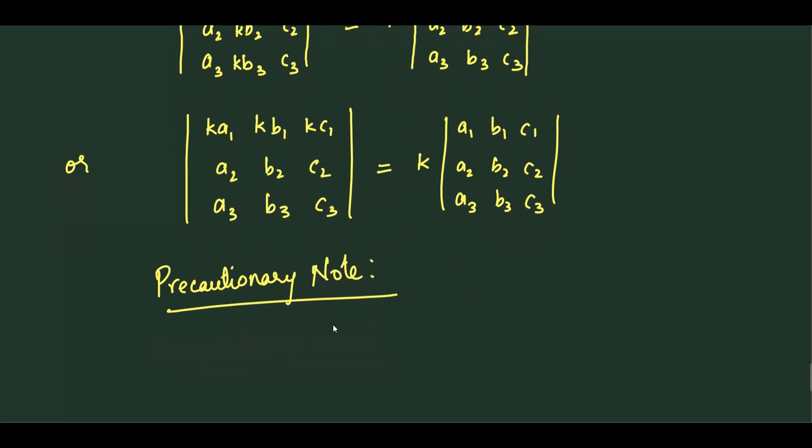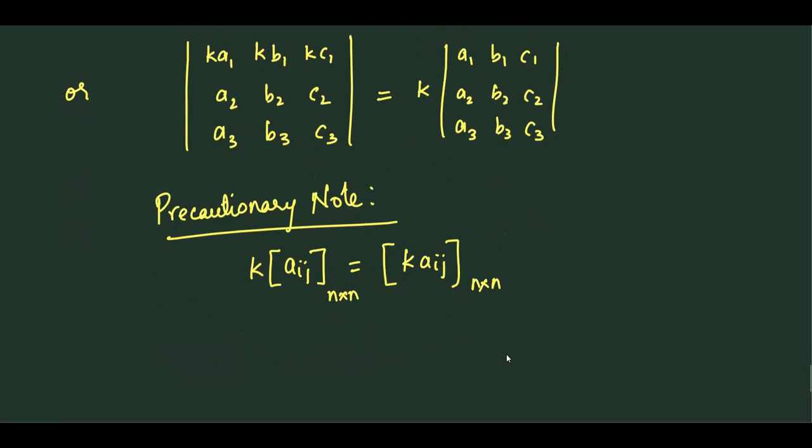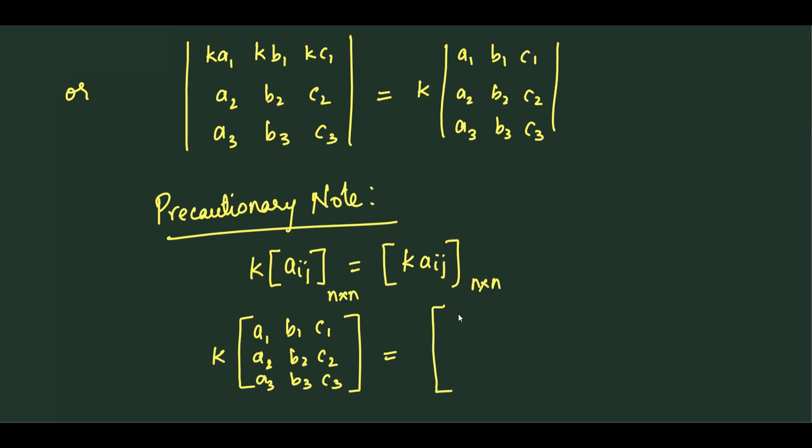For a matrix, k times a matrix Aij will be equal to matrix k times Aij. That means if this was a matrix, A1, B1, C1, not a determinant, then it will be multiplied all over. So don't get confused with multiplication of determinants and matrix.